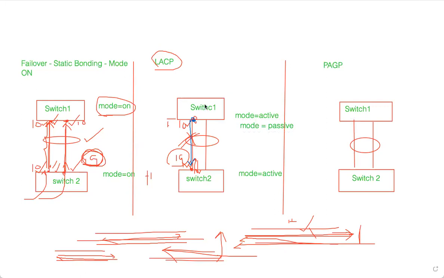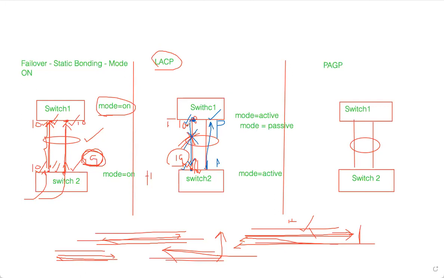So let's say this side you put it as passive, and this side you put it as active. But this link will still allow and receive the traffic. Let's say you put this side as passive on both ends, then the link will not go.